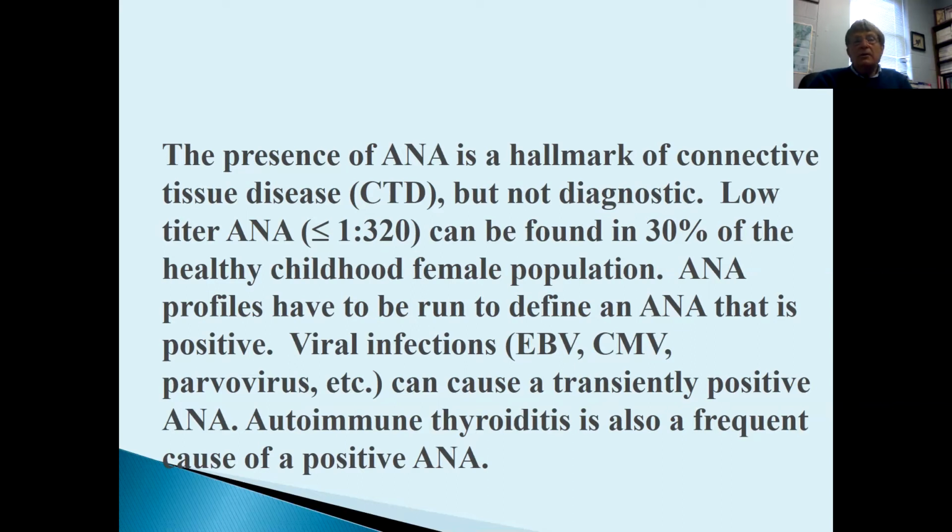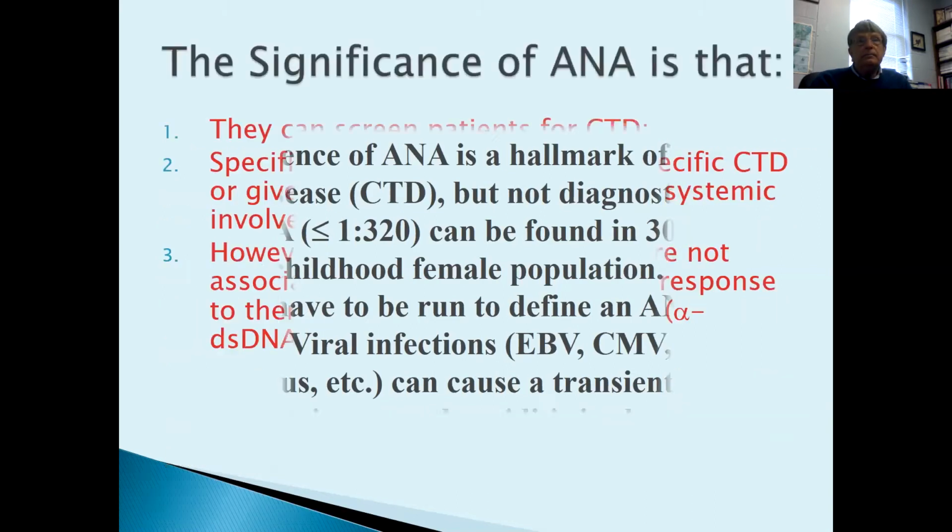Again, viral infections such as EBV, CMV, and parvovirus can cause a transiently positive ANA. Also, we see 4 or 5 times a year patients referred to us with a positive ANA, and they have underlying autoimmune thyroiditis. Antibodies to TPO and thyroglobulin can cross-react and cause positive ANAs.